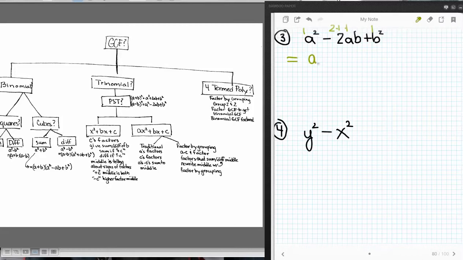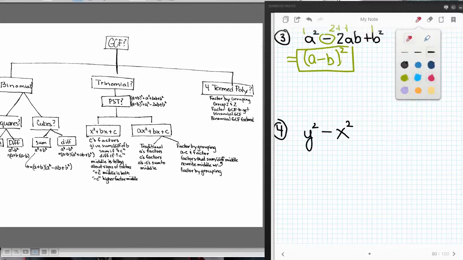So I'm going to take the root of the first term and the root of the last term, and form not 2 binomials, we really should be writing this in the more simplistic way of 1 binomial and its quantity squared, and then whatever this sign is going to be in the middle here, and so this is a minus b quantity squared.